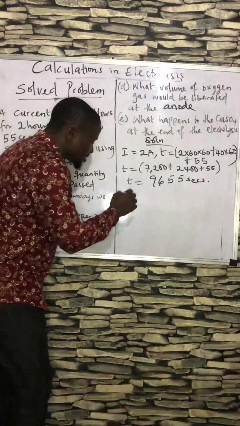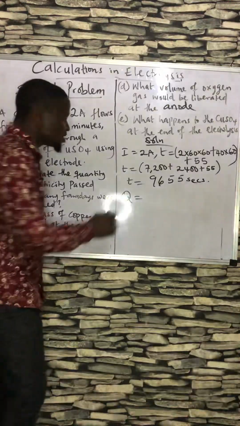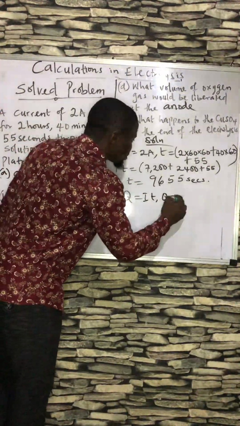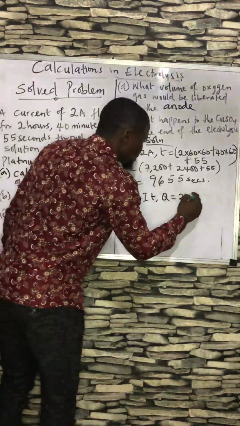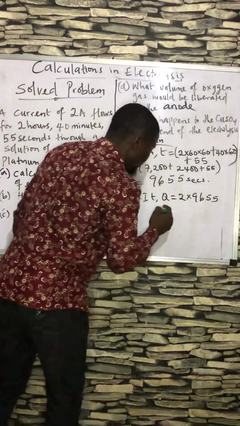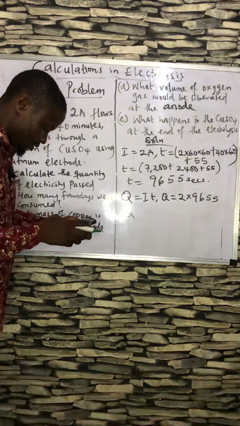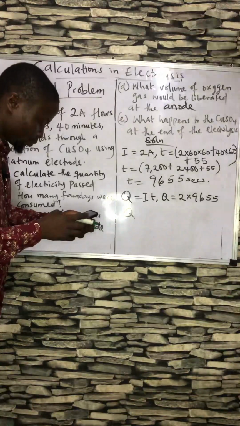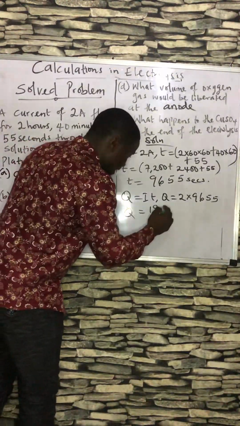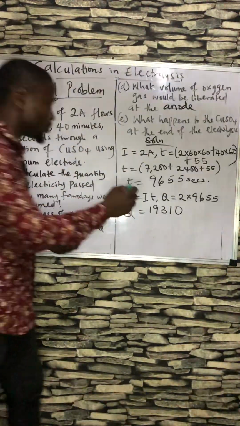It therefore means that the quantity of electricity that passed through the electrolyte is going to be equal to the formula IT, which means your quantity is equal to 2 times 9,655. And therefore your quantity is equal to 19,310 coulomb.